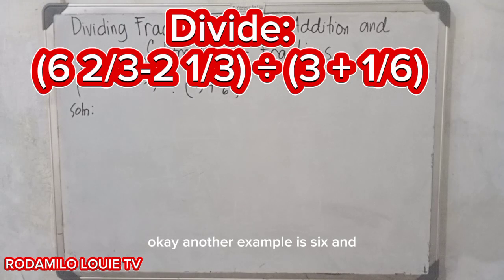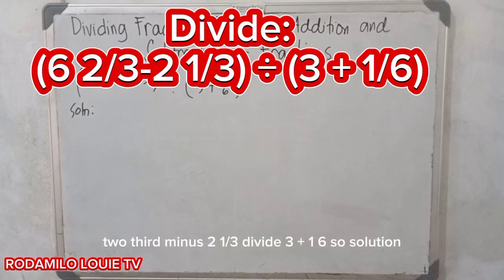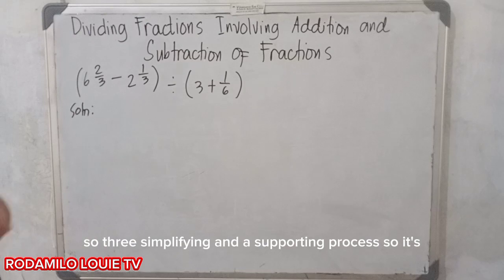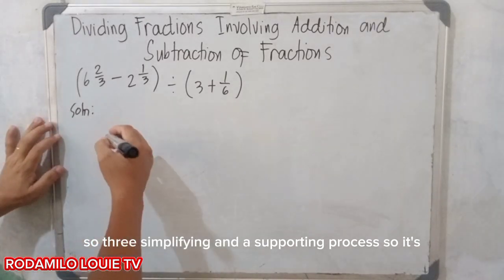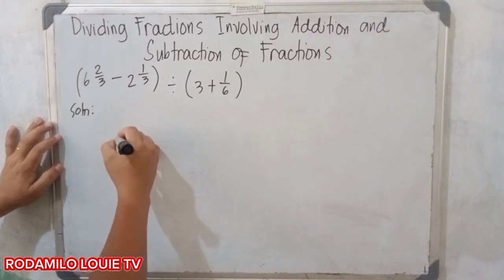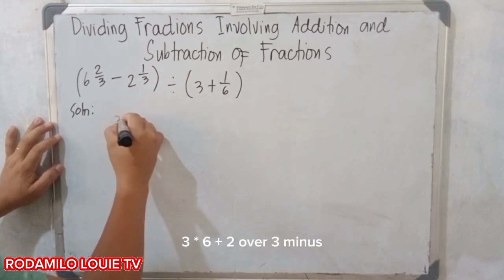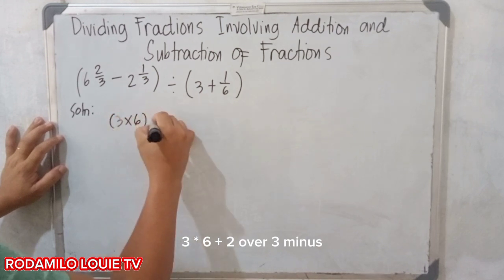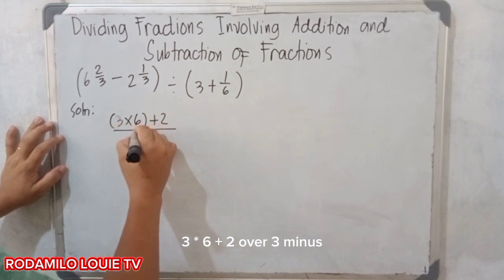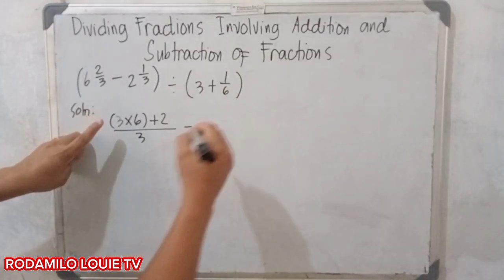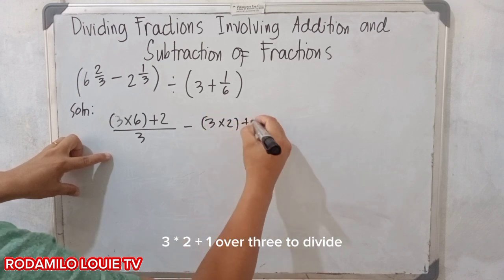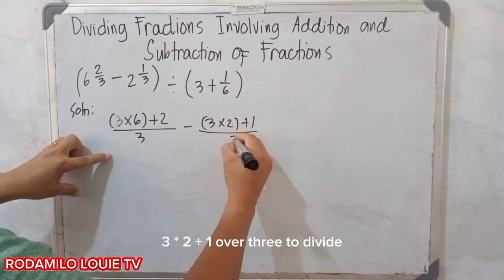Okay, another example is 6 and 2/3 minus 2 and 1/3 divided by 3 plus 1/6. So, solution. Let's simplify what is inside the parentheses. 3 times 6 plus 2 over 3 minus 3 times 2 plus 1 over 3.